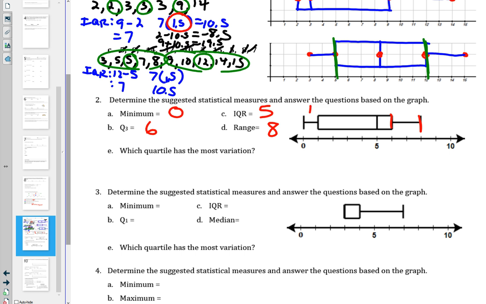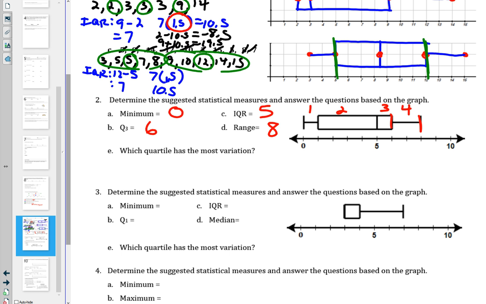Everything that goes from Q1 to Q2 is the second quartile. Everything that goes from Q2 to Q3 is the third quarter. And then the last quarter is from Q3 all the way to the max. Even if the max was an outlier, it would still be considered part of the fourth quartile.